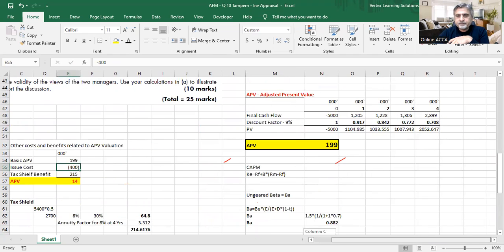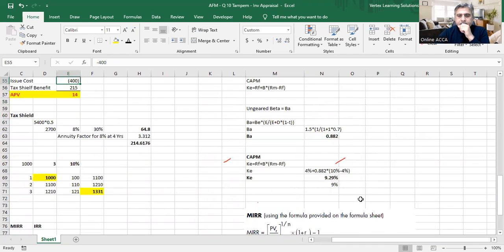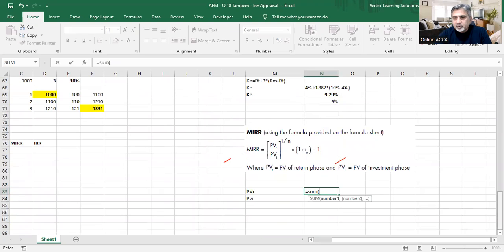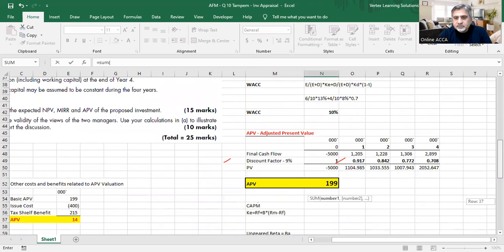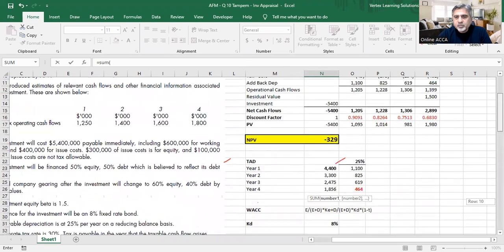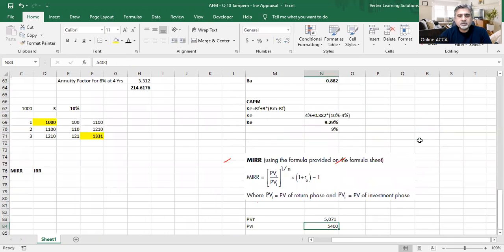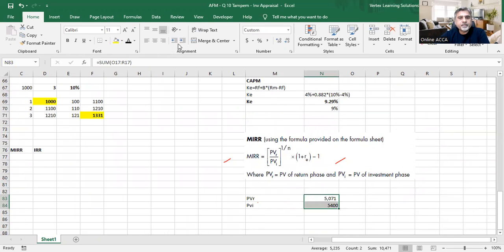So this is here. And then I need to find out these cash flows, the sum total of the present value of these cash flows. It is 5071. So I got two numbers.